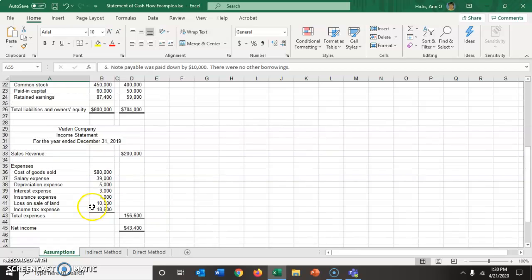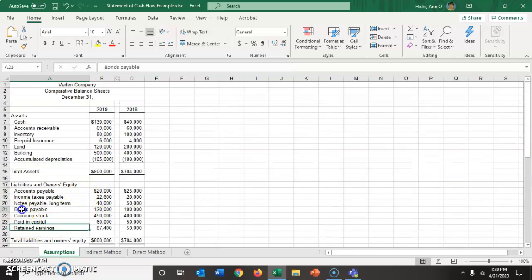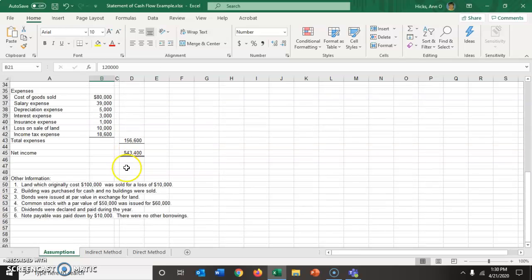Then if we go back to the balance sheet, we have bonds payable, which is also a long-term liability. And we can see that bonds payable increased by $20,000. Now, we already actually looked at this piece of information, but in item number 3, it tells us that bonds were issued in exchange for land. What that tells us, again, is this was not a cash transaction.